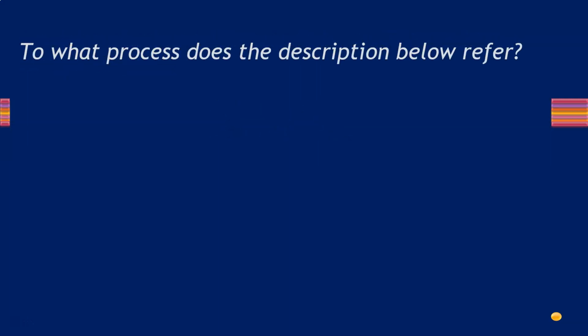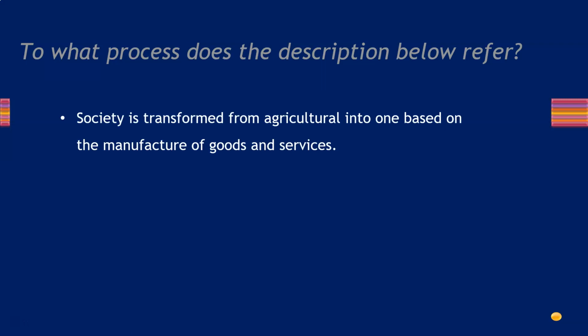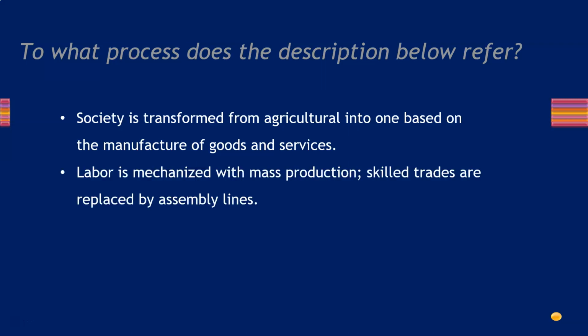To what process does the description below refer? Society is transformed from agricultural into one based on the manufacture of goods and services. Labor is mechanized with mass production. Skilled trades are replaced by assembly lines. To what process does that refer?